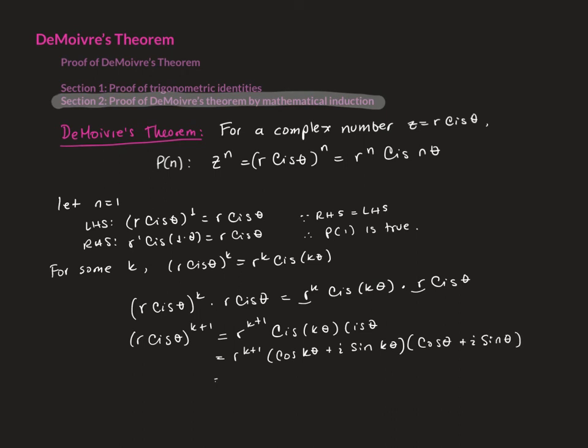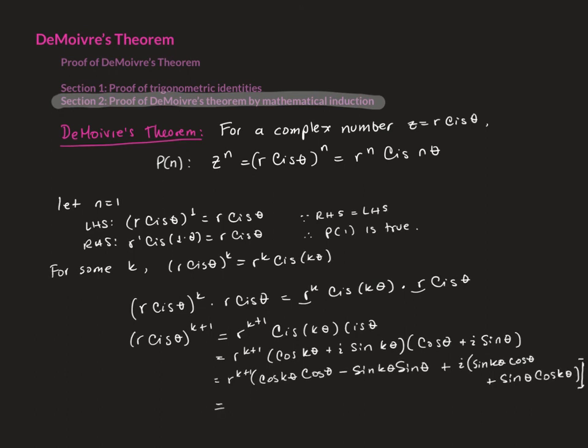So if we distribute this, we're going to get cosine k theta times cosine theta minus sine k theta sine theta plus, now we're going to have all the terms that have i, so we're going to have it out as common factor, i times sine k theta cosine theta plus sine theta cosine k theta.